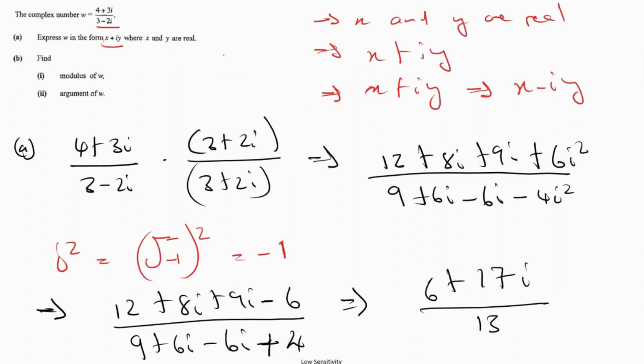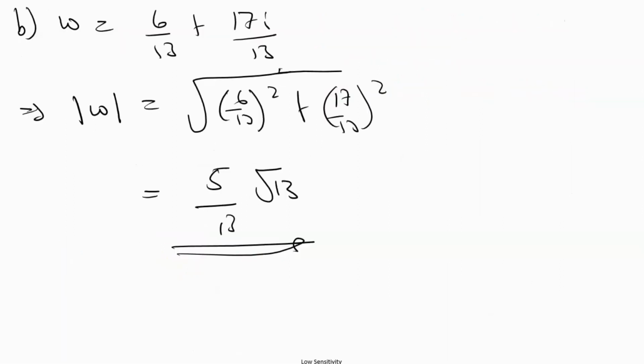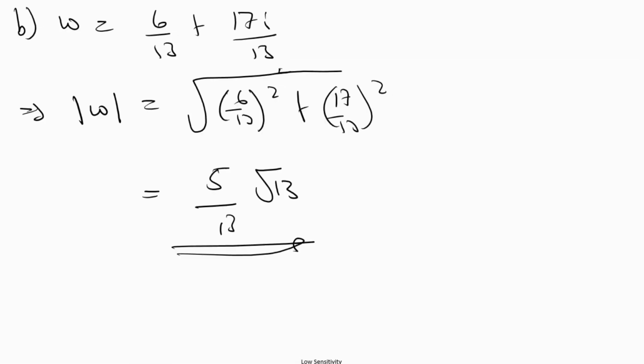And now we want the argument of w. The argument is just saying what is the angle that is going to be formed.